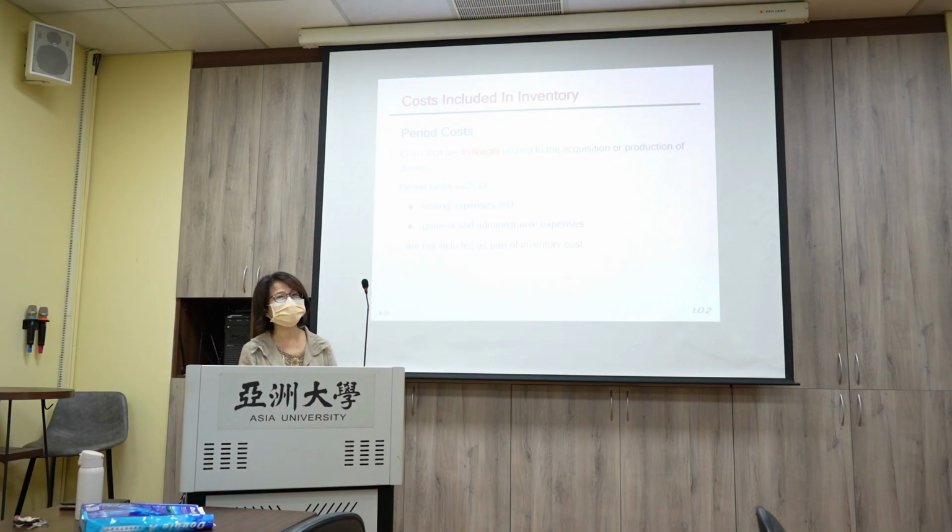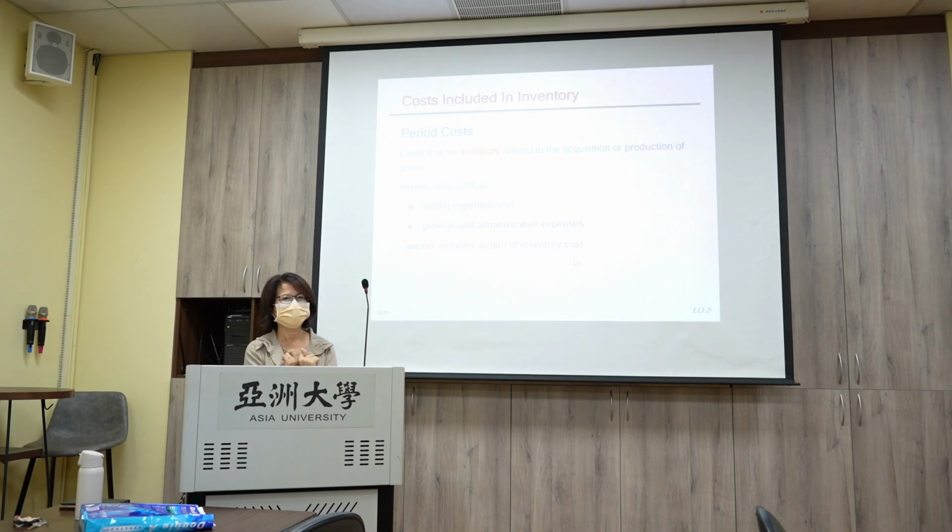And the financing cost. Financing cost nowadays is required to be reported individually. Of course, you can include it as period costs. But period costs are not included as part of inventory cost.